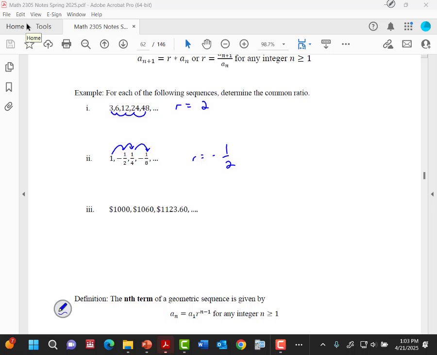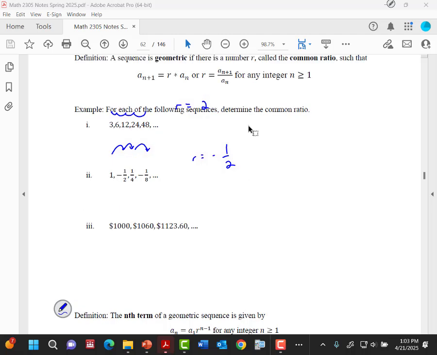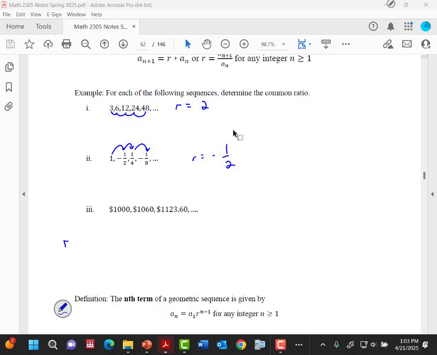Thirdly, for this sequence right here, I could ask, what do I multiply one term in the sequence by to get the next one? Or I could simply hunt for the common ratio outright. R equals the n plus 1 term divided by the nth term. So let's compute it outright: 1060 divided by 1000. That should tell me what I multiplied by from 1000 to get to 1060.